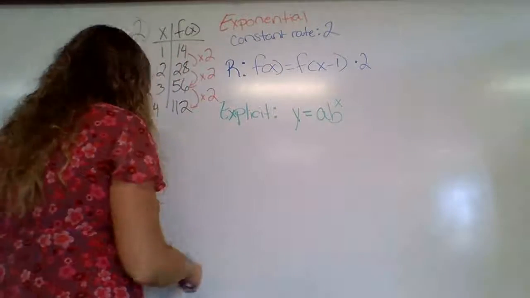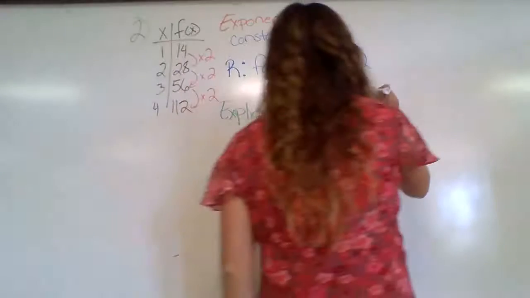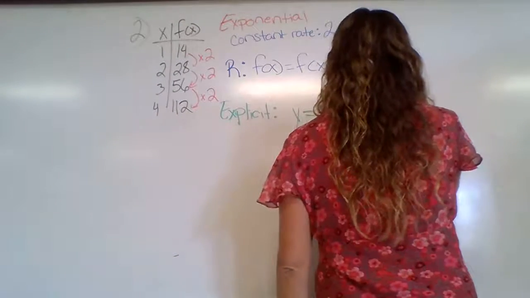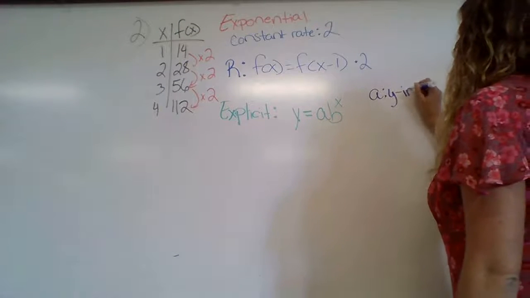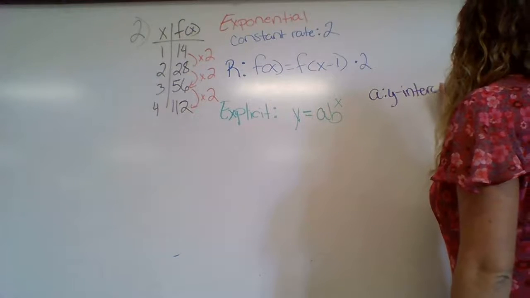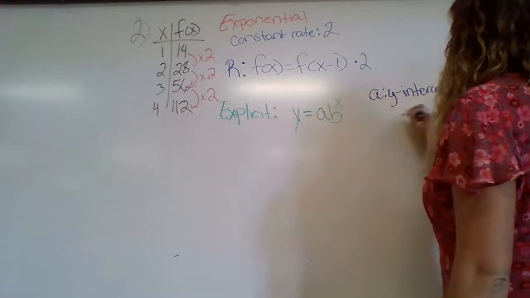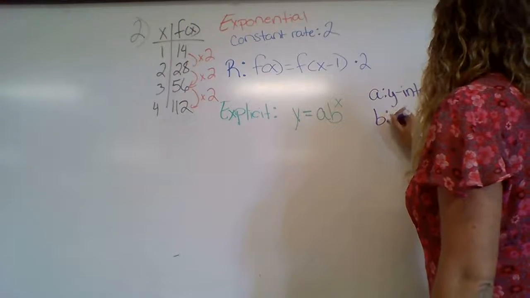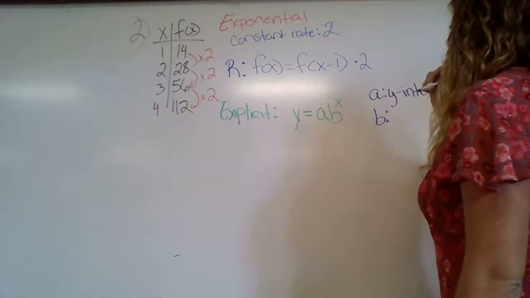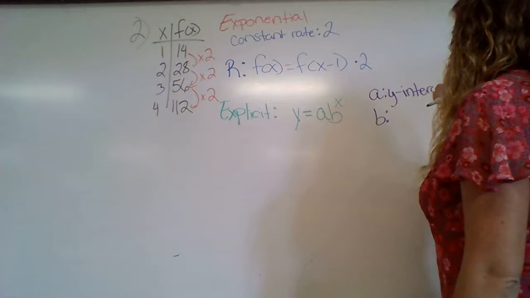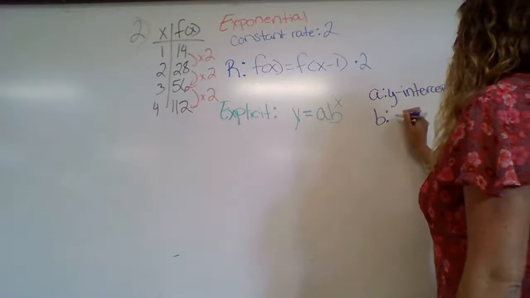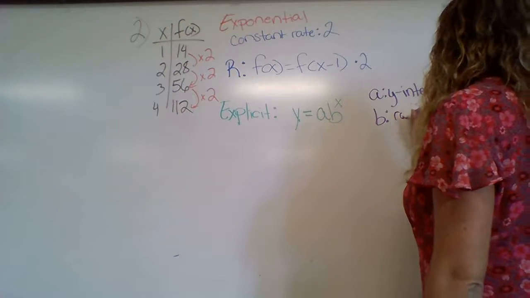So you have to think back to exponentials. A is your y-intercept. B is your constant rate or ratio or whatever you want to call it.